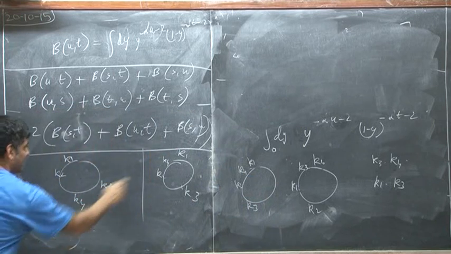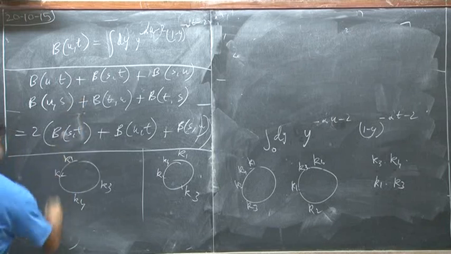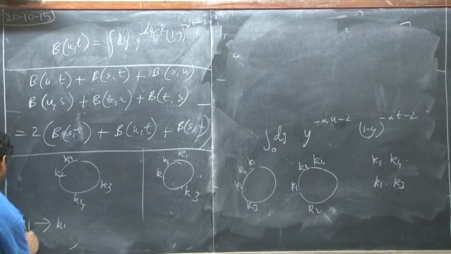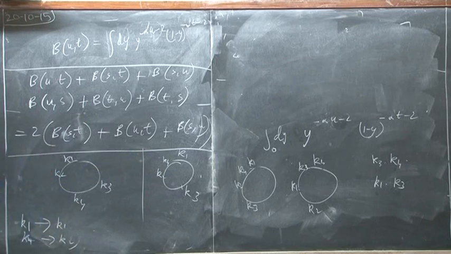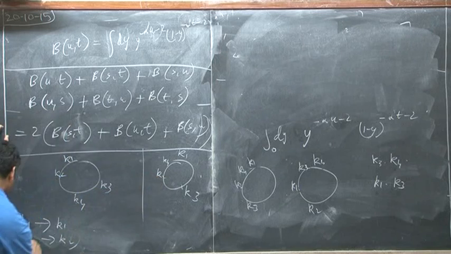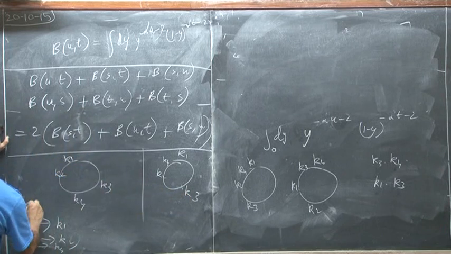So K1 of this formula is going to K1, K4 is going to K2, K2 is going to K4, and K3 is going to K3.